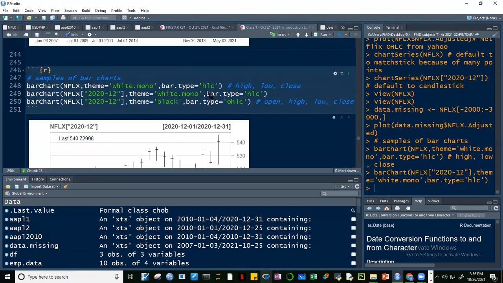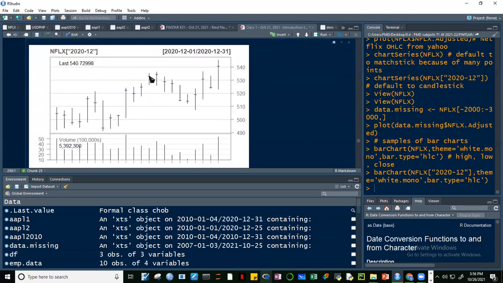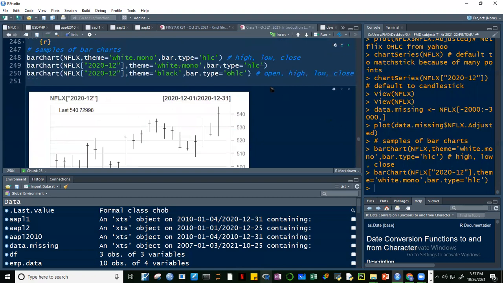Here we only identify the high, the low, and the close. It does not identify the opening. So this is the high, this is the low, and this is the close. If we're just interested in the high, low, close, you can use type equal to HLC. On the other hand, if we want open, high, low, close in a bar chart, let's plot this.